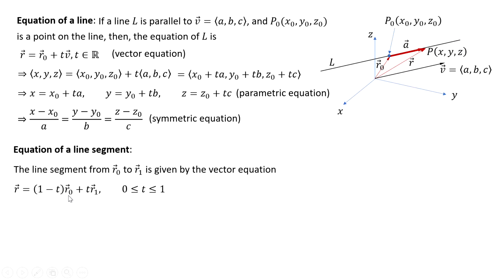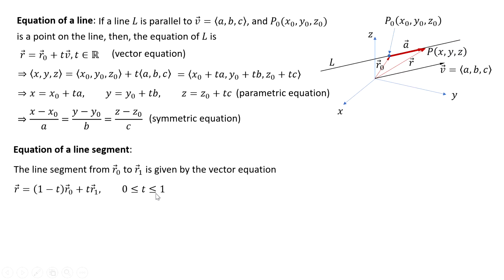Let's say this is r sub 0 and this point is r sub 1. So by setting t equal to 0, we are talking about the starting point r sub 0. Now let's go to the final value 1.